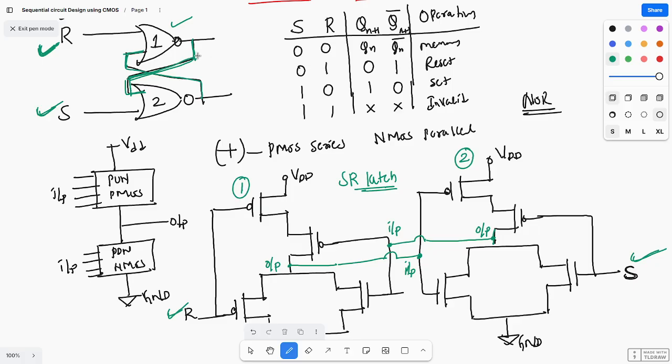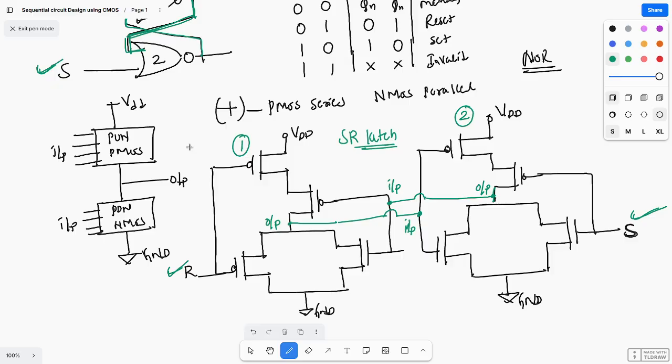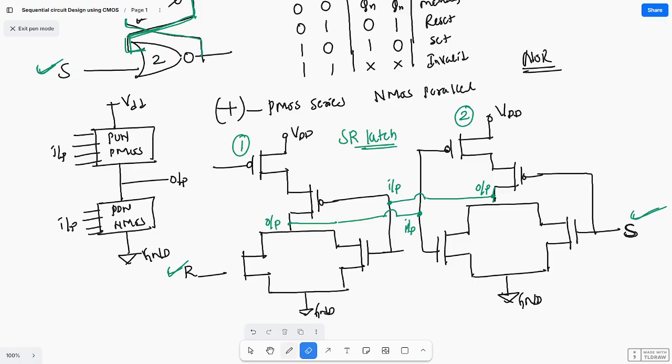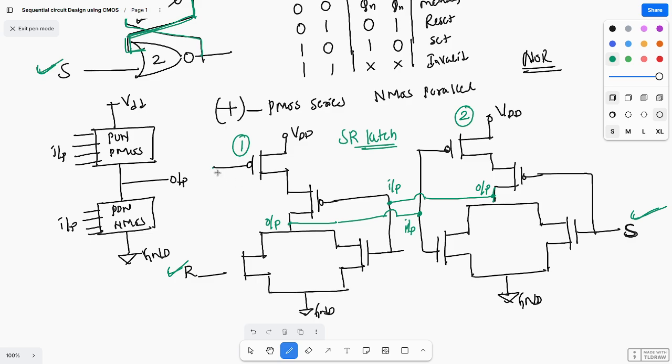Sir, number of PMOS in both S and R are different? Number of PMOS in S and R. This is NMOS only. The pull down networks are NMOS, and this is PMOS.